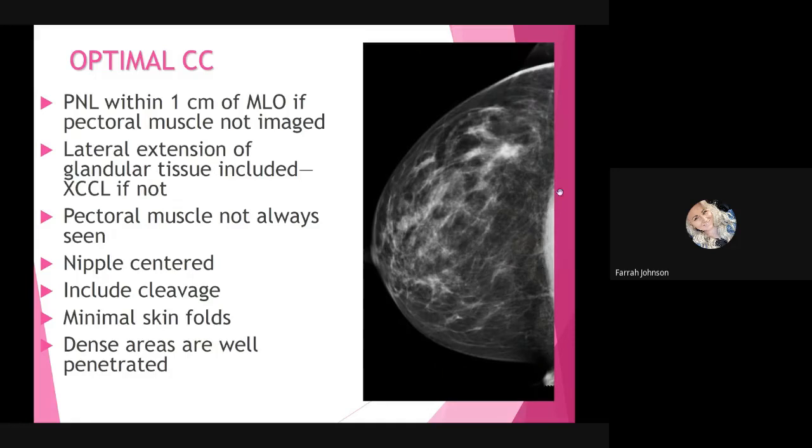It's typically only seen on 20 to 30% of CC images. You should see the nipple centered to the image receptor. You want to make sure that you include the cleavage, which shows that you included all of the medial tissue. You should be able to see minimal skin folds, and dense areas are well penetrated.